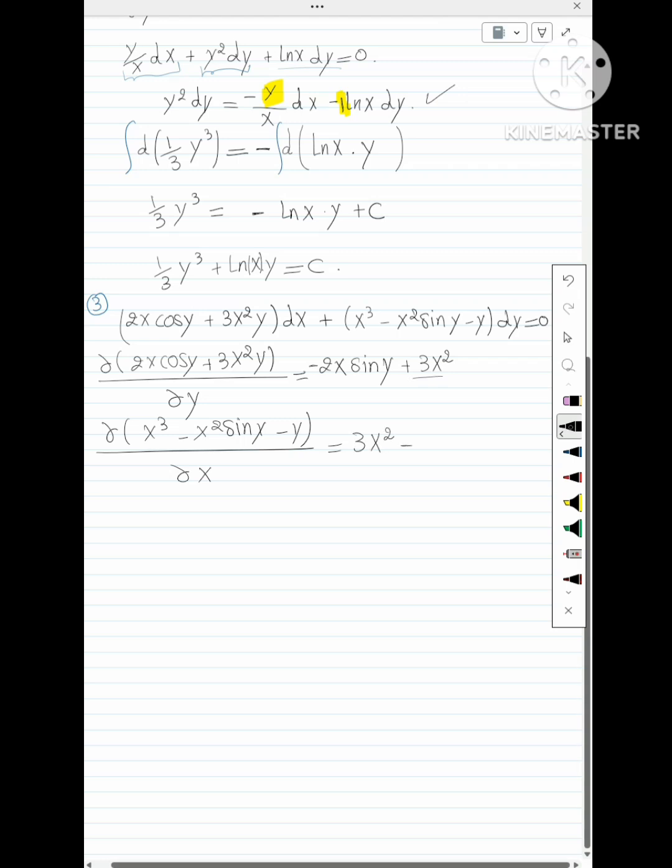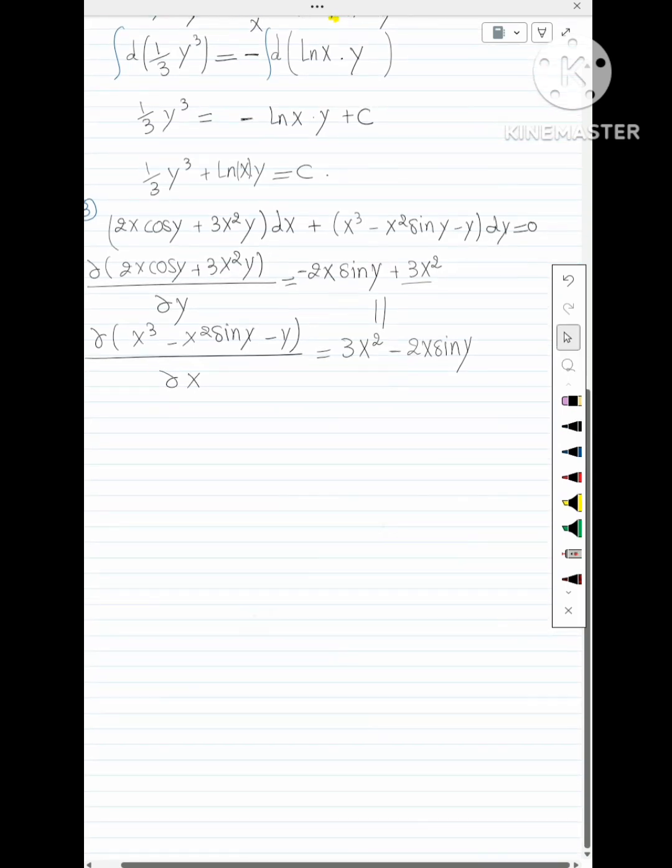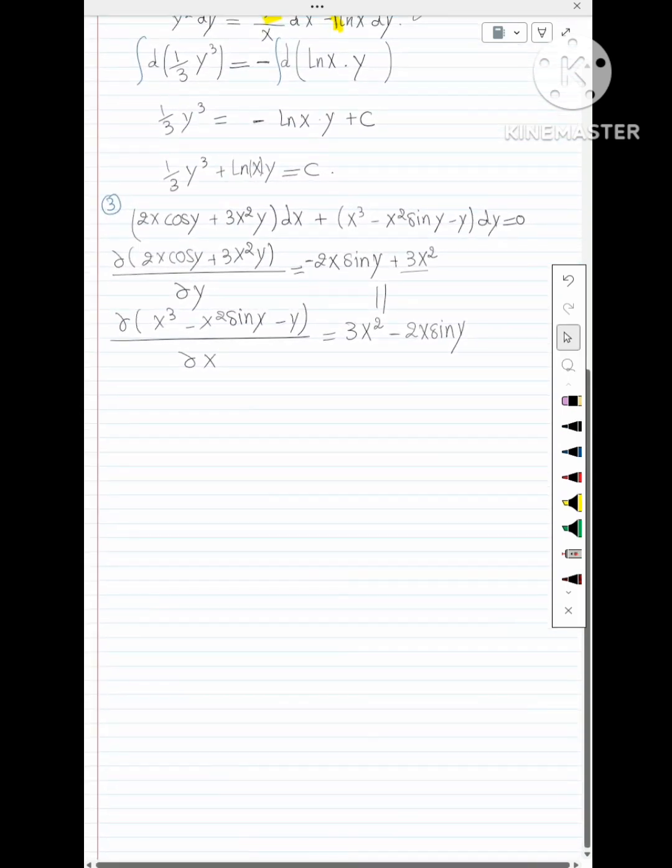And minus 2x sine y, and the derivative of minus y is going to be 0 since it's a constant. And this is equal to this, so it is an exact differential equation.